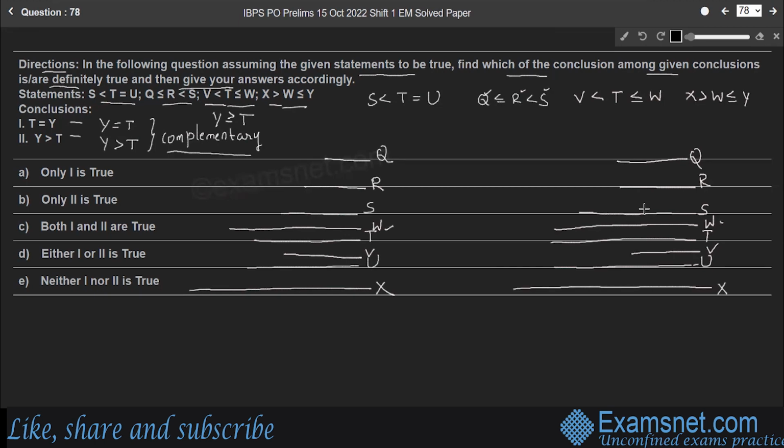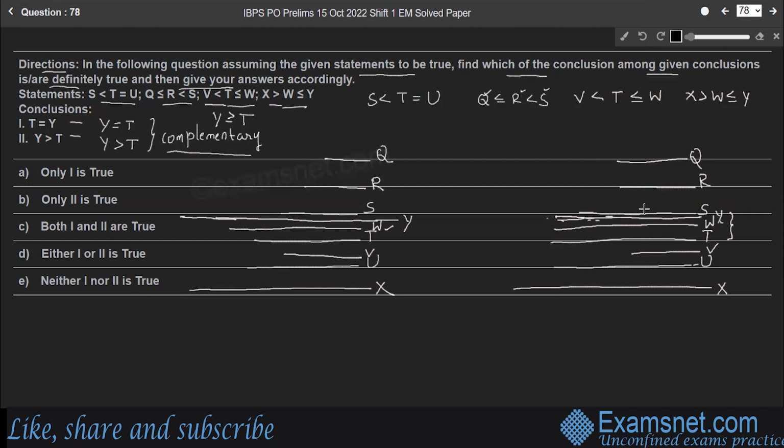And W less than or equal to Y. So I just insert a line Y here. W less than Y or equal to Y. So there is a line Y equal to W. Here, Y, W, T are equal, right?